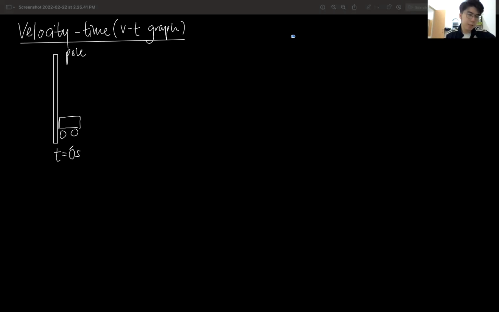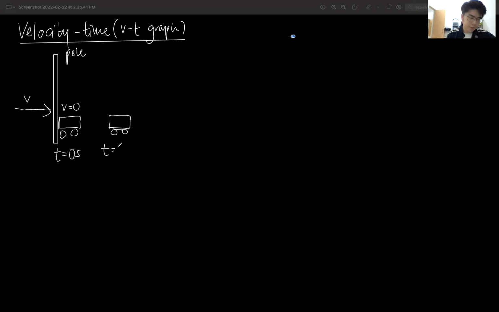Now, the initial speed doesn't necessarily need to be 0. Okay, it could be that the car is initially moving towards it at a certain velocity, v. And when it crosses, I start timing, then whatever is the velocity, it becomes that initial velocity. Okay, but let's just say that we start from rest. Okay, so at t = 0, v is 0.